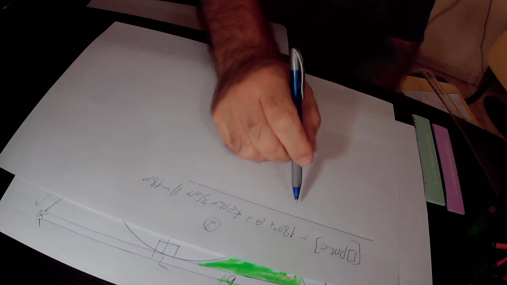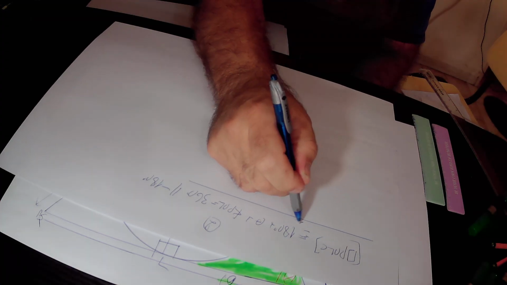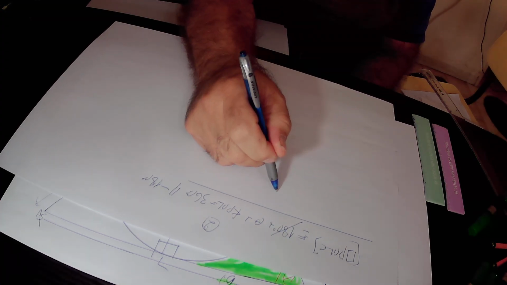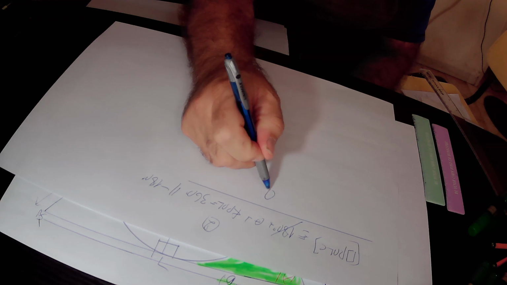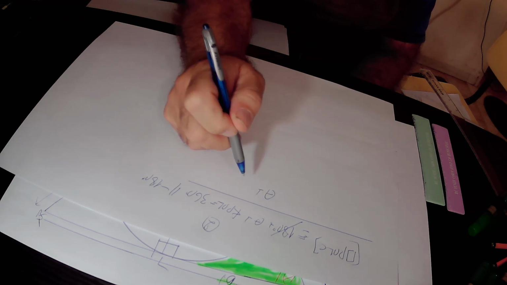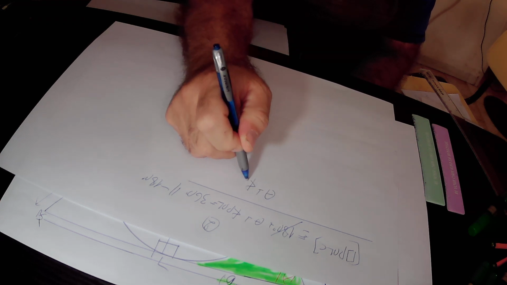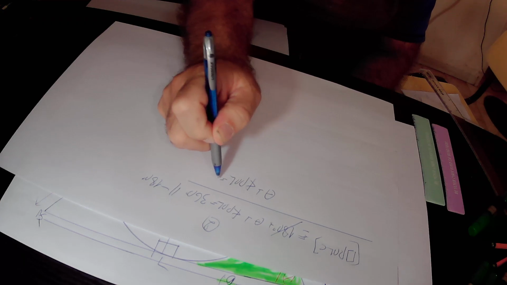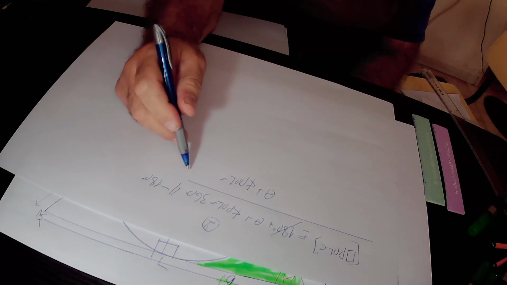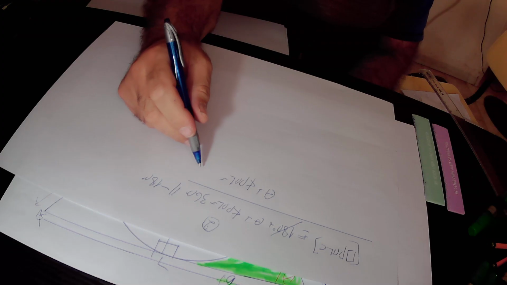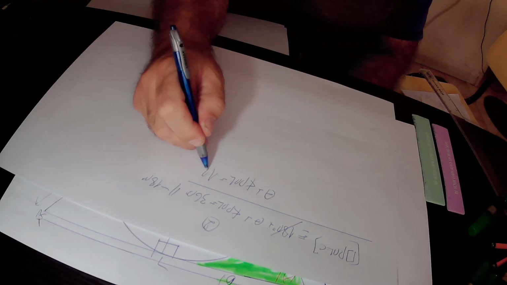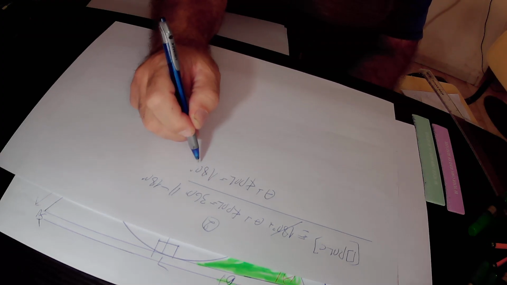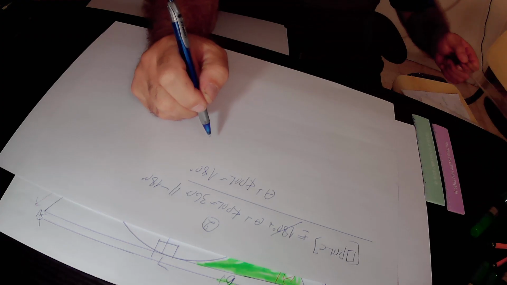So here 180 degrees will get cancelled, and you are left with theta plus the missing angle POL is equal to 360 degrees minus 180 degrees, which is 180 degrees. So theta plus the missing angle POL equals 180 degrees.